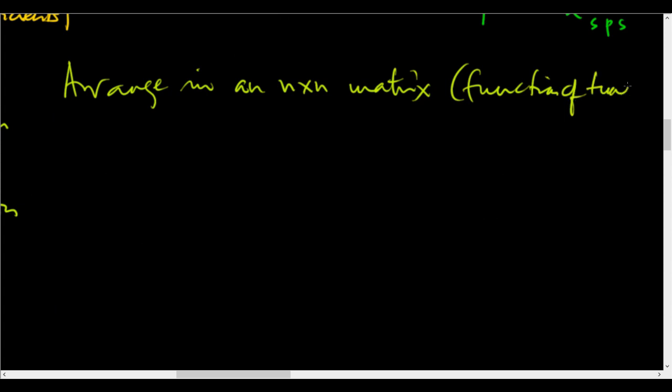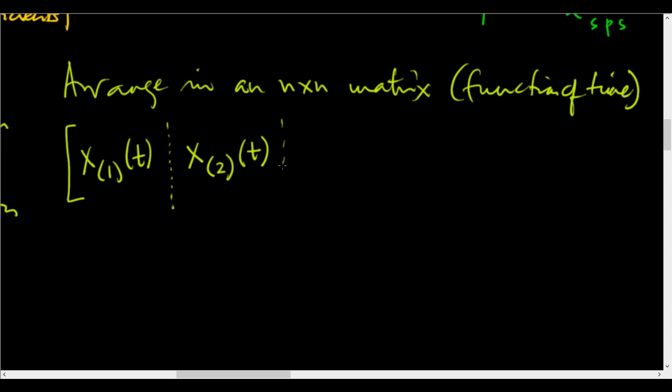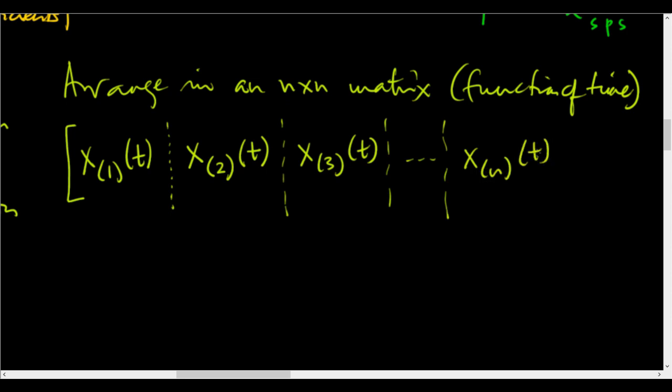The fact that you may not have a simple name for that function doesn't change anything, it is still a function. So in that function, the first column is x1 of t. I'm just going to put a dashed line here to indicate that I am crossing over to the second column, and that is going to be x2 of t, and then another one, x3 of t, and then xn of t.